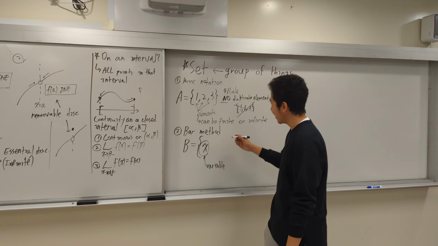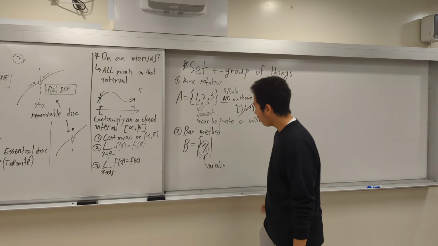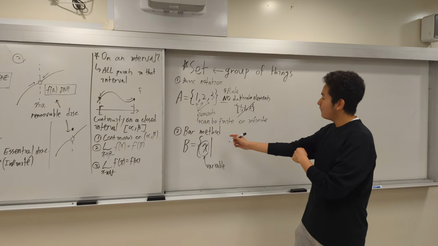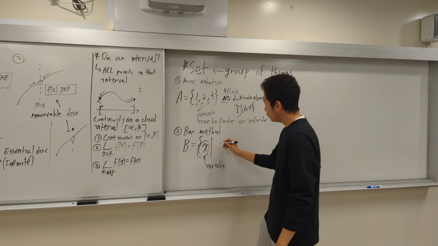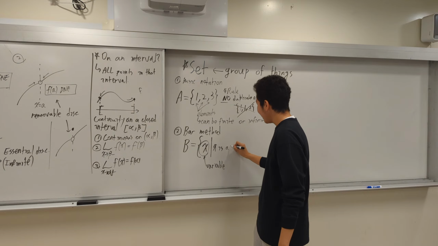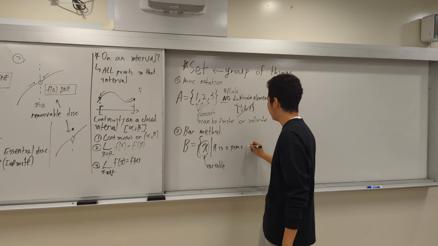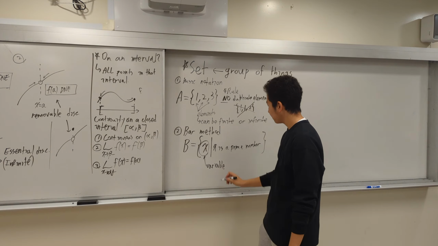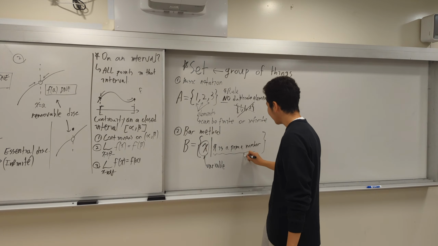And then I'm going to write a vertical bar, and then whatever condition I have. Let's say I want x to be a prime number. I'm going to write x is a prime number, and then close the curly bracket. So this would be your conditions.